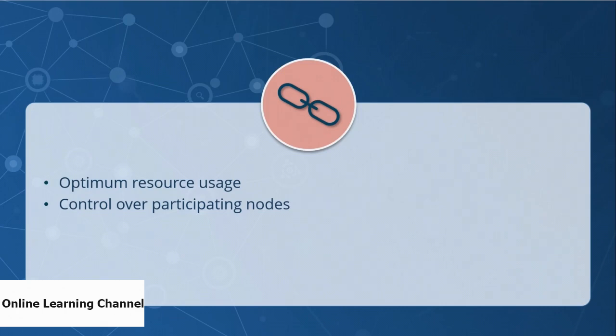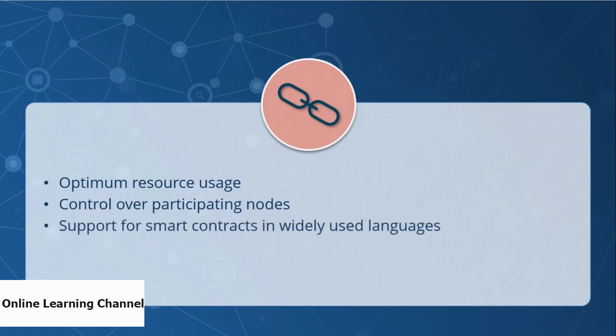Another requirement is that it should not require the learning of a brand new language in order to develop smart contracts. If these contracts can be written in commonly used languages such as Node.js or Java, then enterprises will find it much easier to find the talent to write those smart contracts.